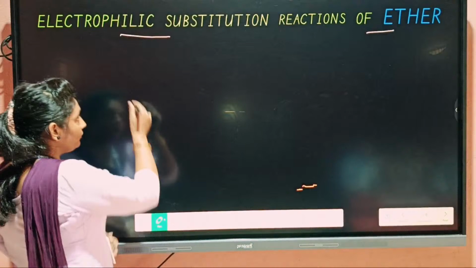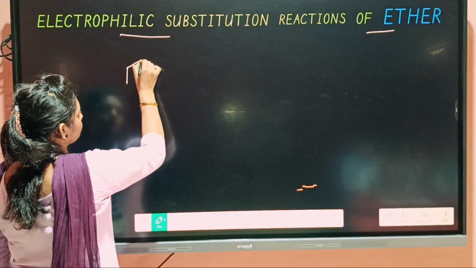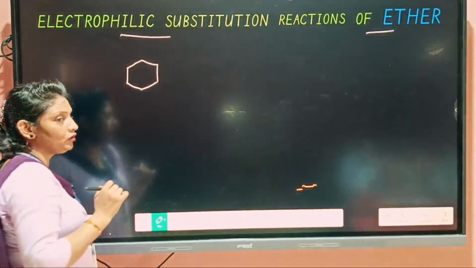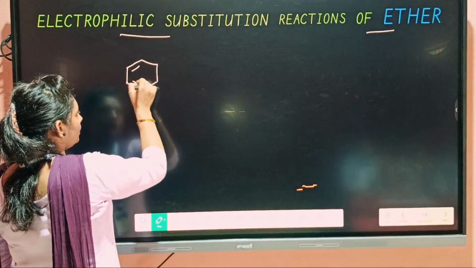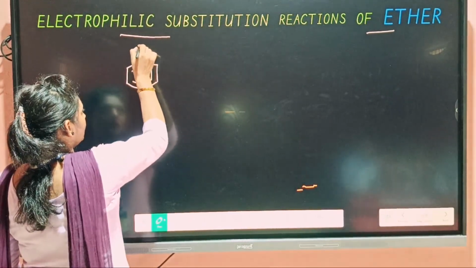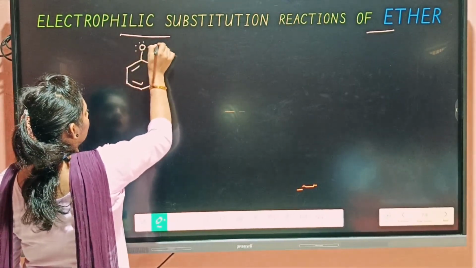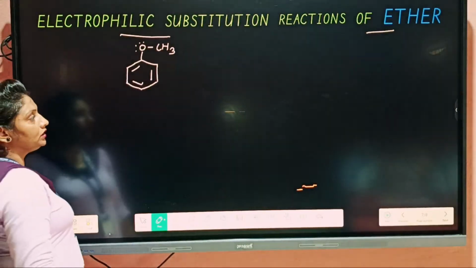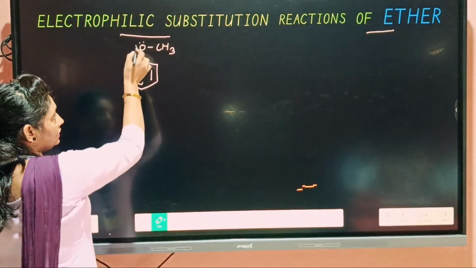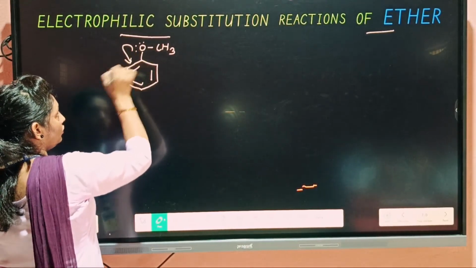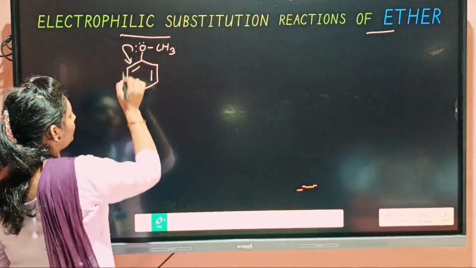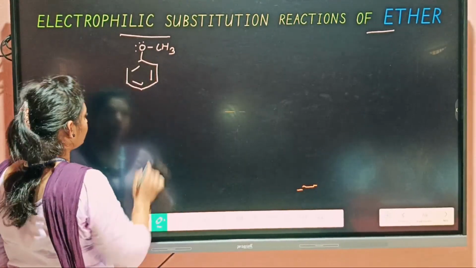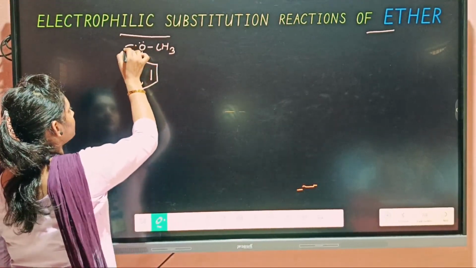Okay, so here, electrophilic substitution is given by the aromatic ring. Like phenol, ether also shows resonance. Here, you know very well how we can draw the resonating structure.